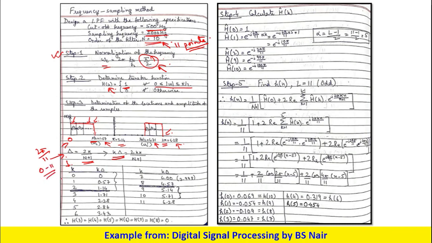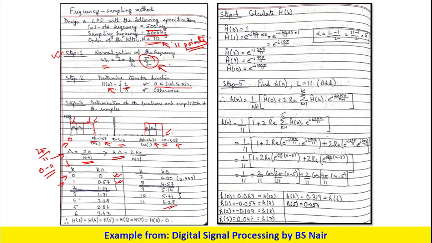For 0 you will get some value. If you put k value of 1, you will get another value. So 0.57, and the rest are basically the multiplication of this 0.57 multiplied by 2, multiplied by 3, and so on. And you get certain values.